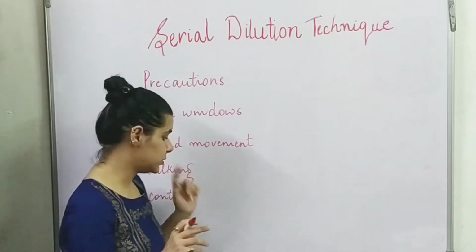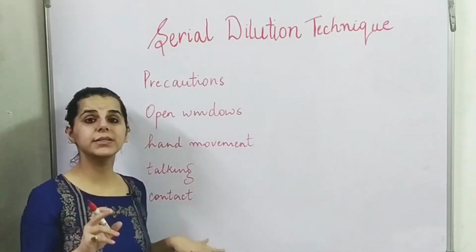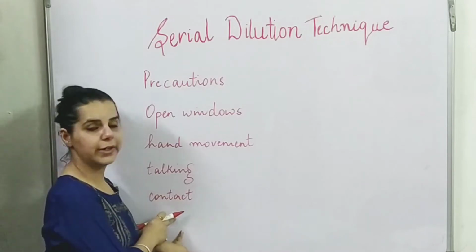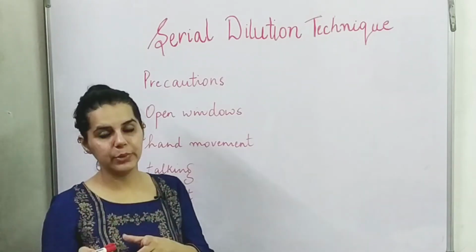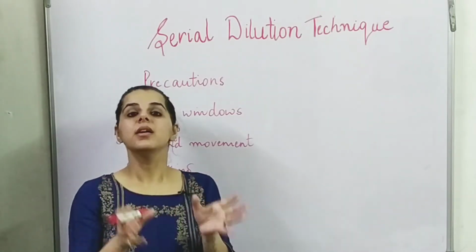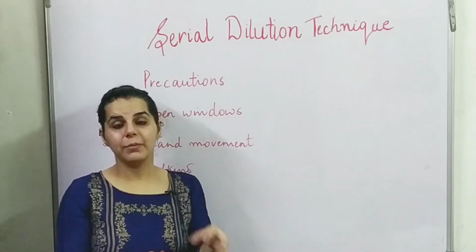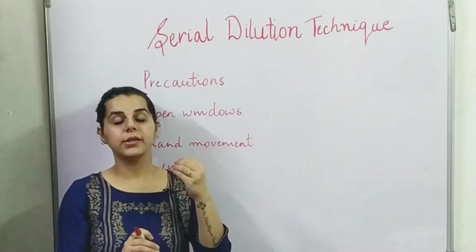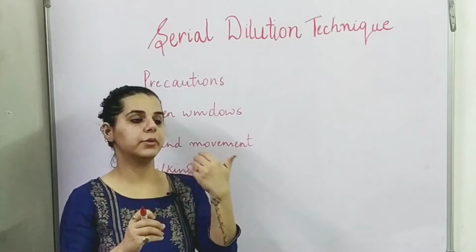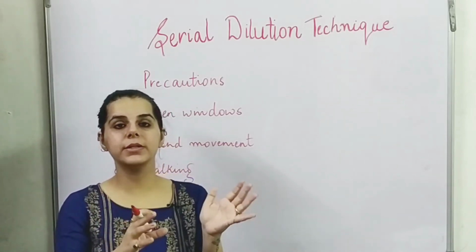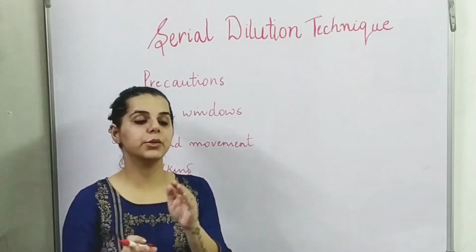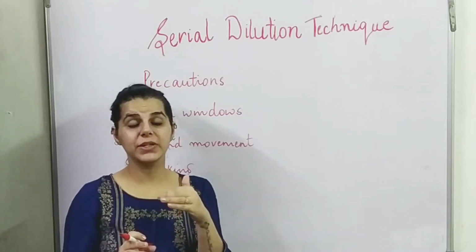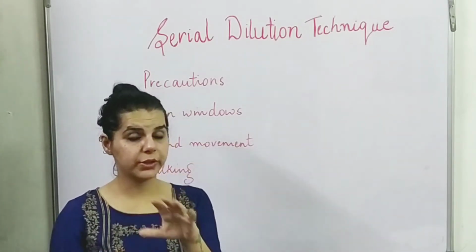That's very important. Another thing is that you must avoid any sort of contact between your sample and other sterilized objects like petri dishes and inoculation loops and everything which is sterilized, and you must be very careful that it must not get contaminated.